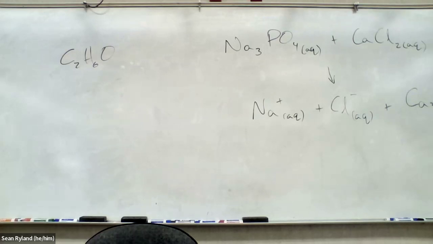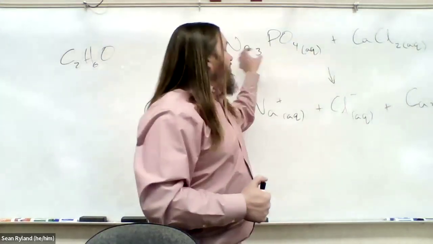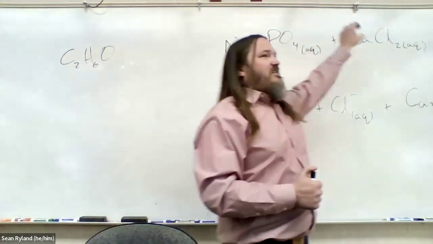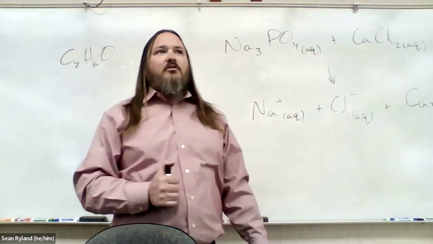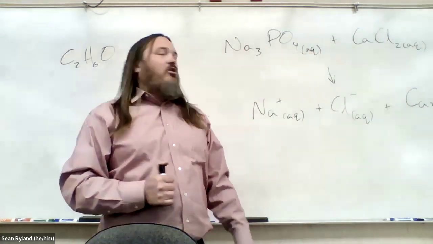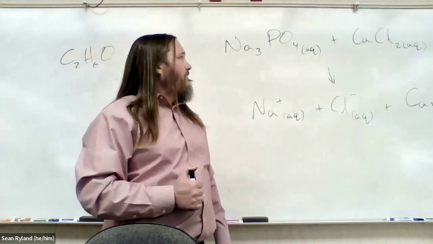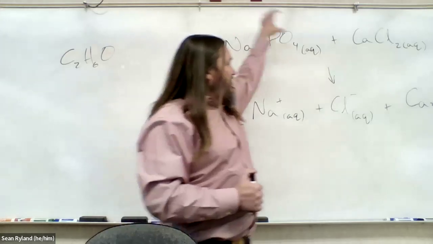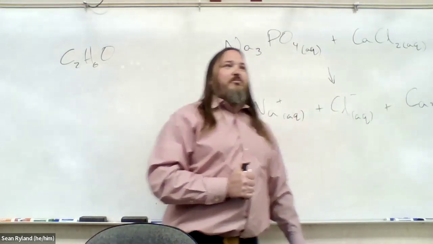So basically what a precipitation reaction is, is when you mix different ions together and you get a combination that doesn't stay dissolved anymore. So if everything is ionic and everything starts aqueous, but we make a solid, that's probably a precipitation reaction.